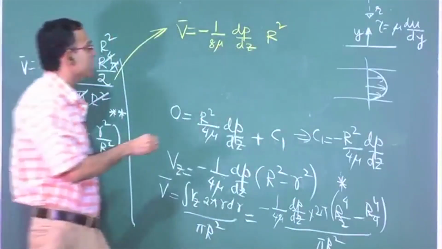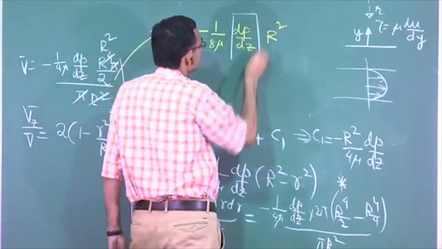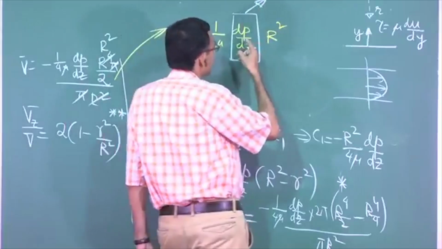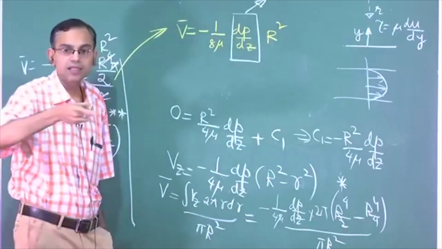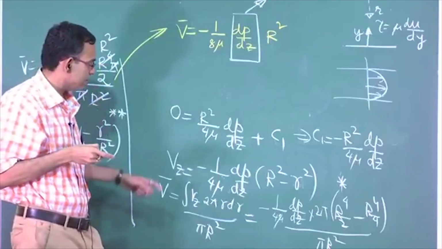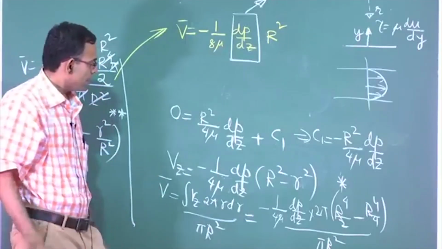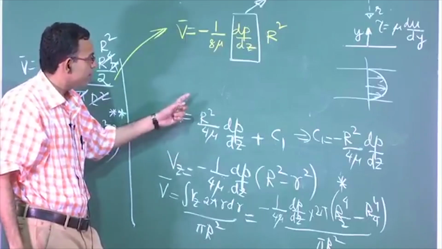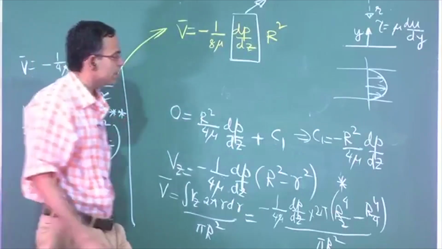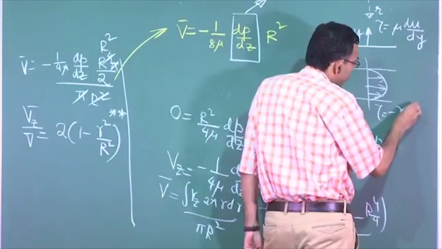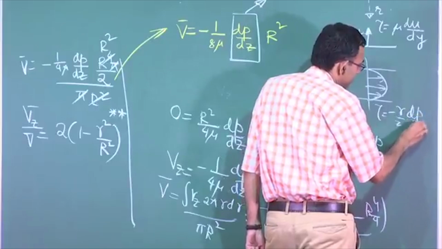Now, this dp dz you can write, because pressure versus z is linear. Why is pressure versus z linear? You can see from this equation, I mean that equation is erased from this board, but if you look at the first equation, tau is equal to minus r by 2 dp dz, I am writing this again.